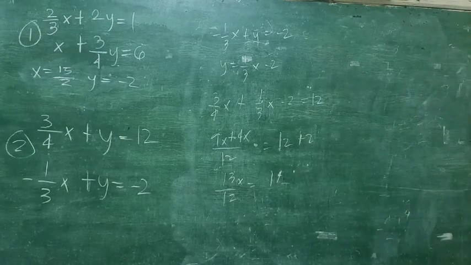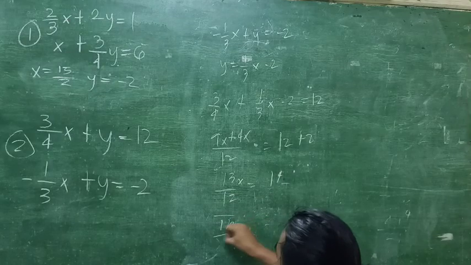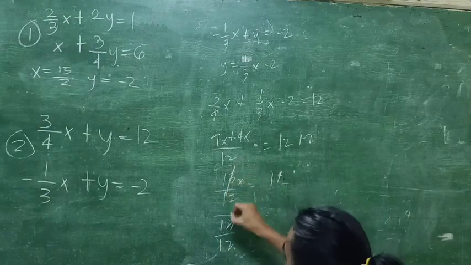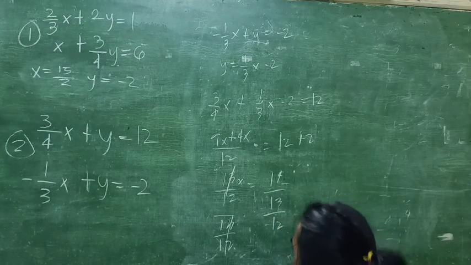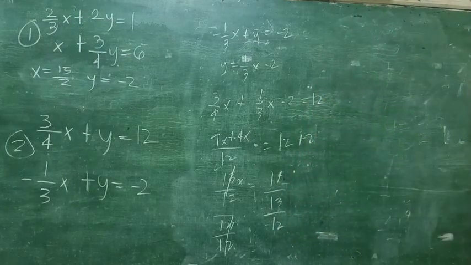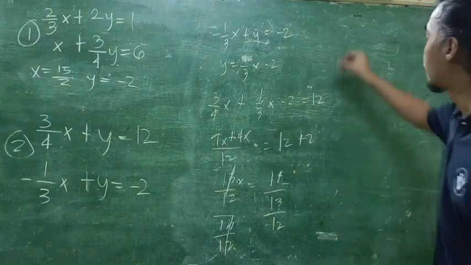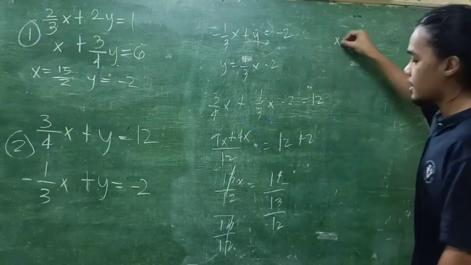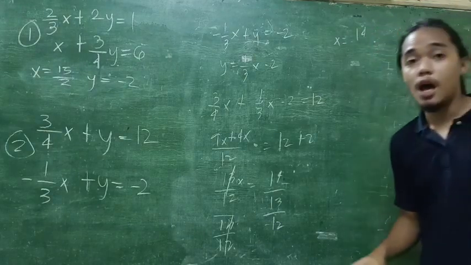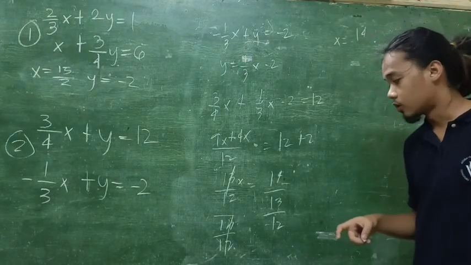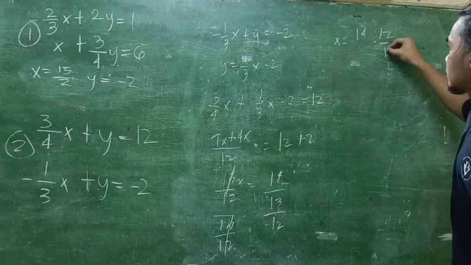Again, cancel out the 13 over 12 on both sides for us to find the value of x. Then we have this kind of division again, so we just have to multiply the numerator, which is 14, times the reciprocal of 13 over 12, which is 12 over 13.